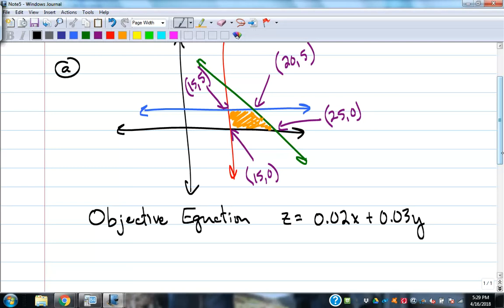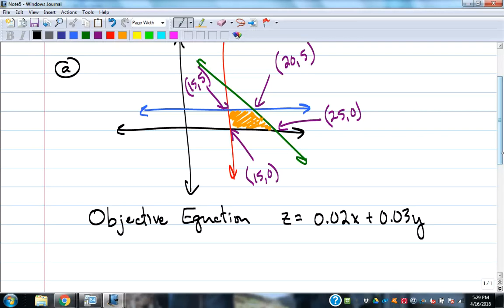They may use I, they may use M, they may use a different letter. But X and Y come from these ordered pairs that are the corners of that graph. The corners of that overlapped constraint graph are what we're going to use to either maximize or minimize the objective equation. If I maximize it, I'm looking for what kind of number? Big or little? Biggest, right? If it's a maximum, it's the biggest. If it's a minimum, it's the smallest.